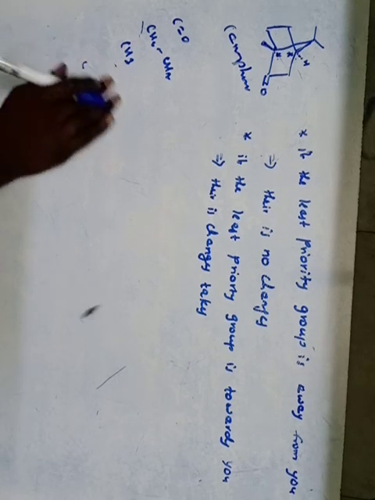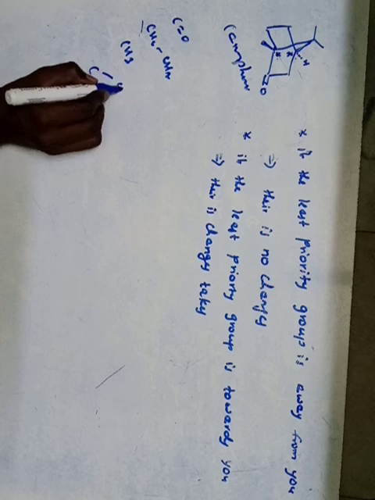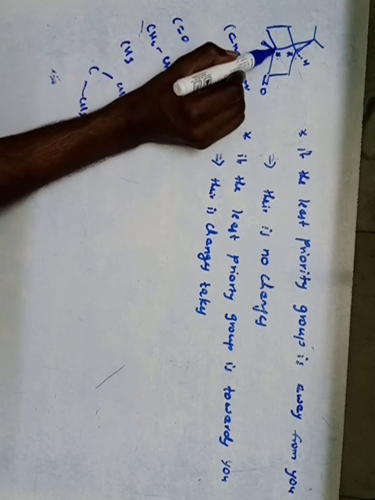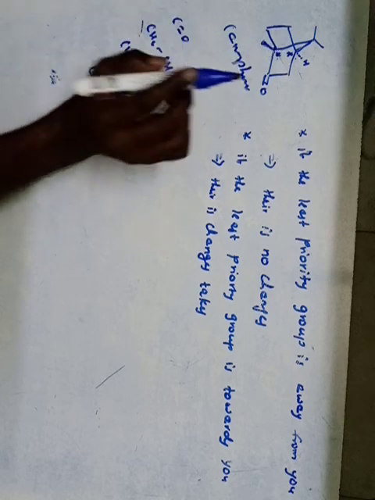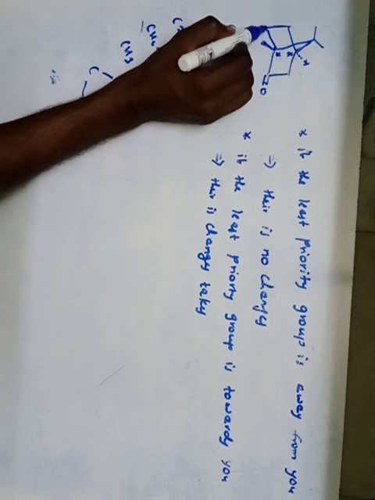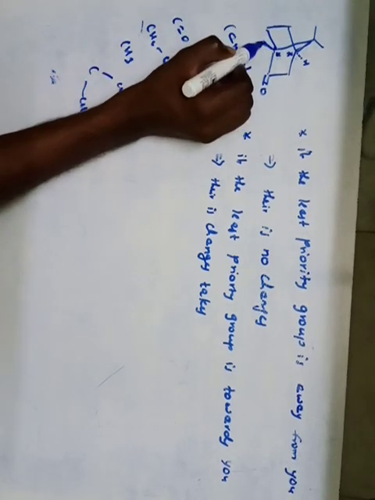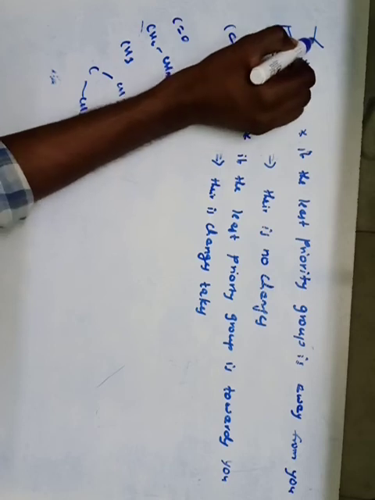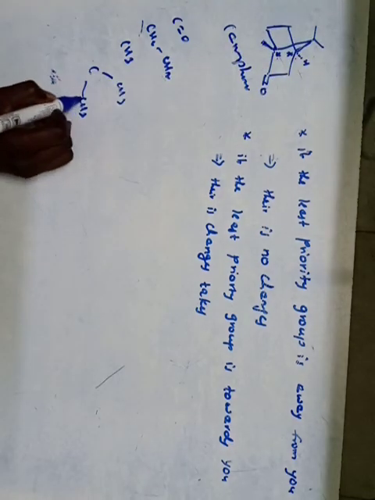I will write here like this. This chiral carbon contains four different groups, right? First one is C double bond O. Again here CH2, CH2. Next is the methyl group, and this chiral carbon is attached to this group also, C, CH3, CH3.